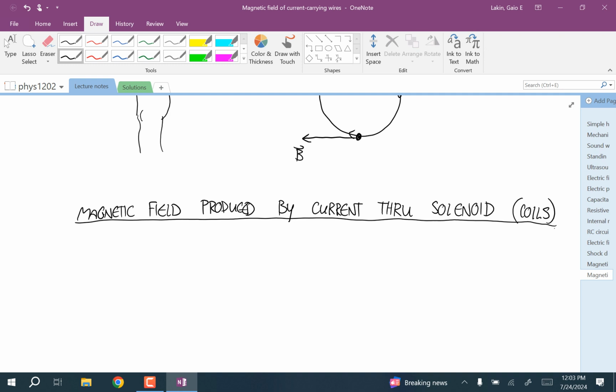The key fact about, so why do we consider this case of wire wrapped around in coils? The answer is that inside that circular loop of wire, the magnetic field vectors are constant, almost completely perfectly constant inside that coil.